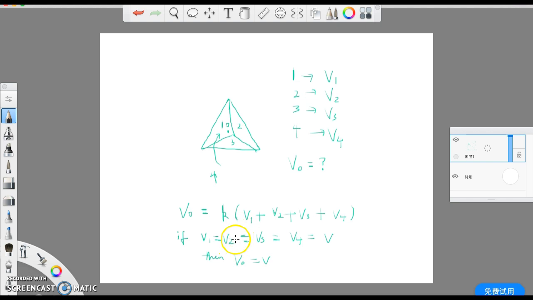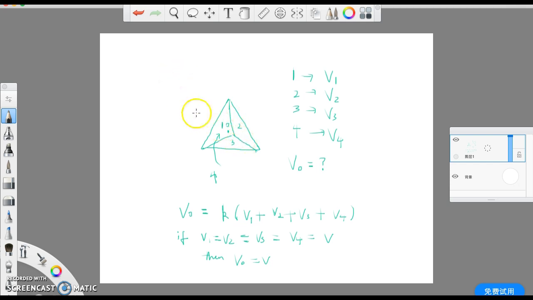Because if the whole system is an equipotential body, then the insulator along the sides has completely no use. The whole system can be regarded as a single conductor, and inside the conductor there cannot be electric field lines because the conductor is an equipotential body.